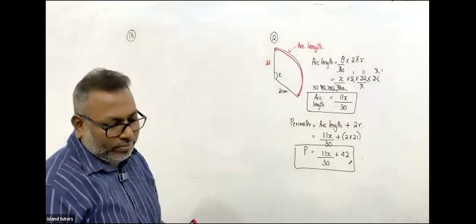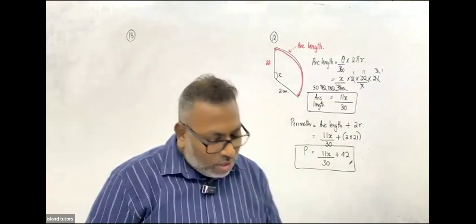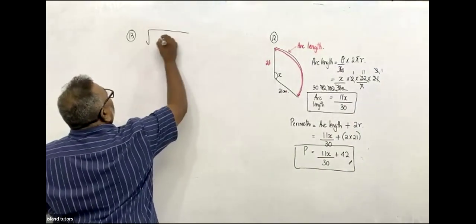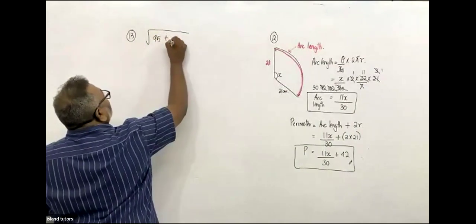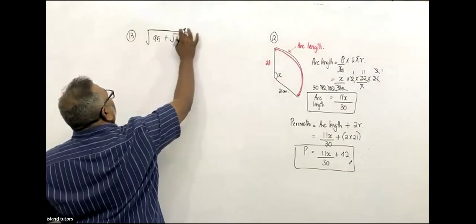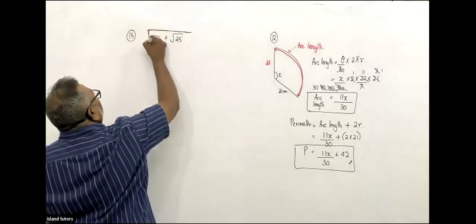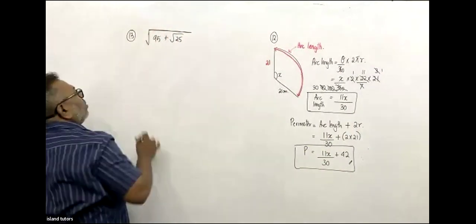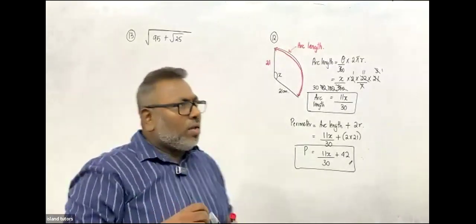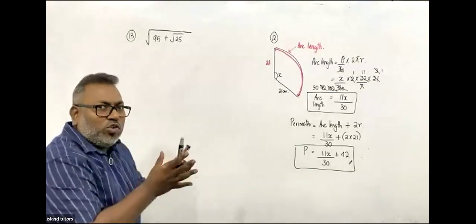Question number 13. Solve the square root of 95 plus the square root of 25. Easy one. Start from inside, like how you do in brackets.